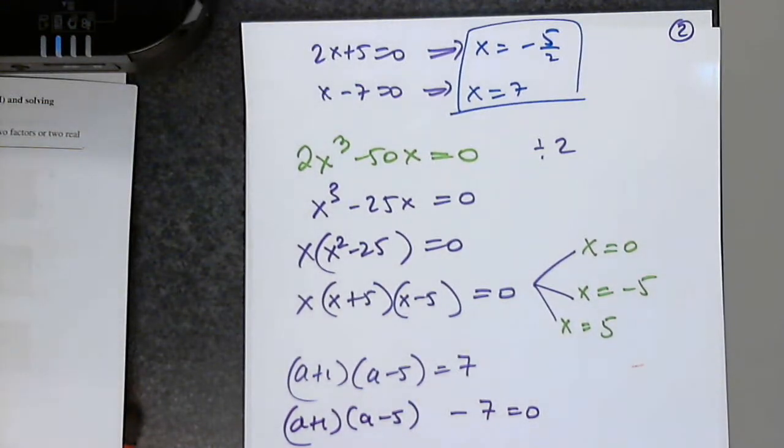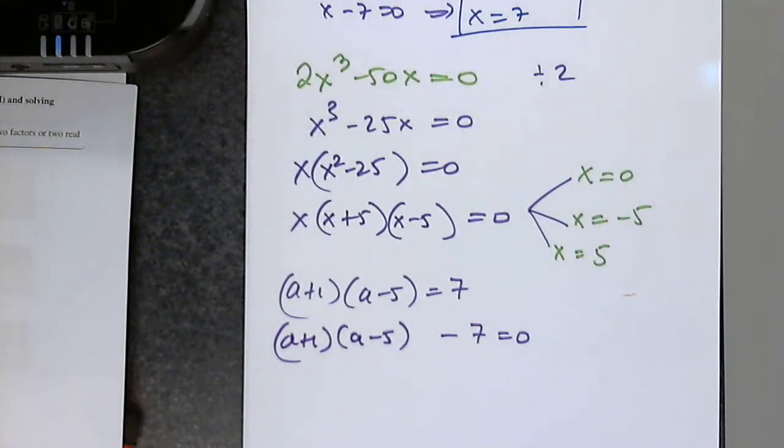Next step. What should I do next? Now I have 0 on the right-hand side, but I don't have a product on the left. Multiply it out. Absolutely. Because I have to incorporate the -7, and I have to factor. Yes, very good. Thank you.